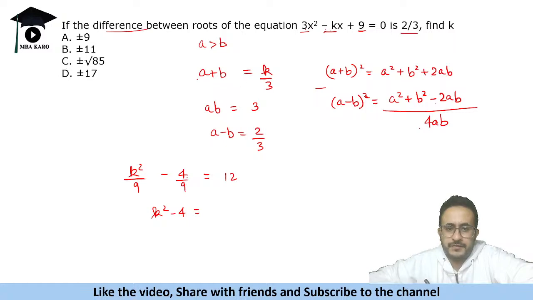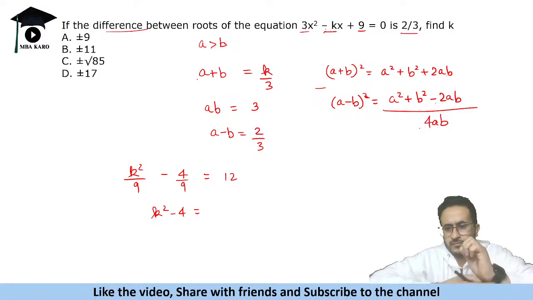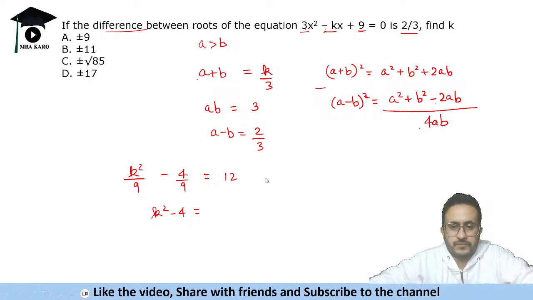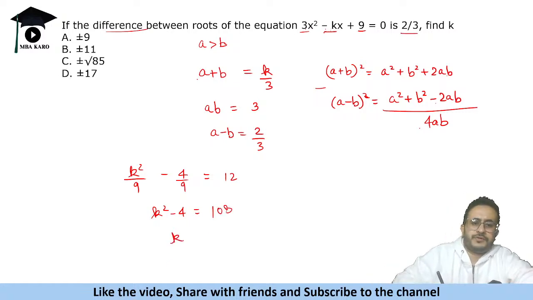Multiplying by 9, I am getting 108. Yes, it may be something else, root 112 perhaps, right. So this is 108, so k square will be 112. So you will get root 112.